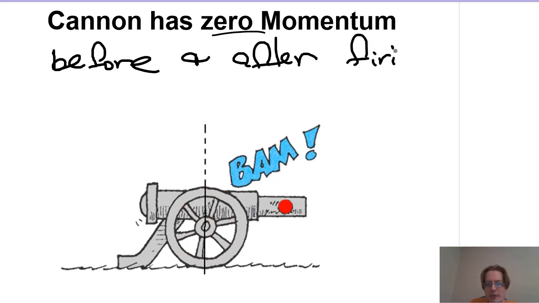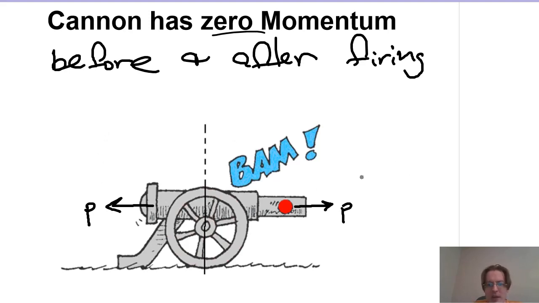Because after it's fired, the projectile's flying out. Also, remember the cannon recoils backwards, and that's really the secret to it. The ball gets some momentum. The cannon itself must recoil back with exactly the same momentum. But does that make sense? Doesn't the ball go flying out at a super high speed?